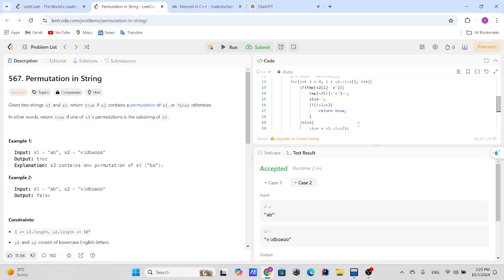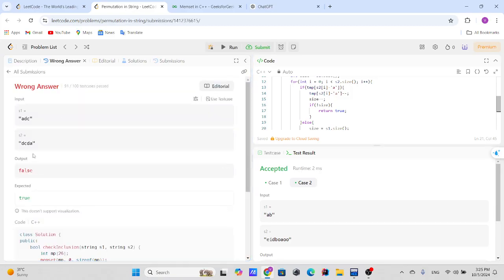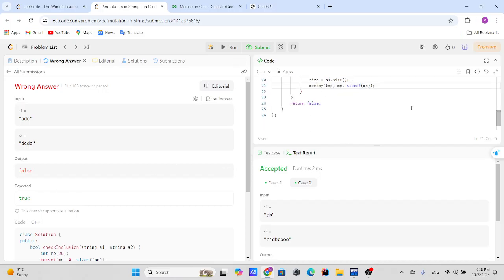I don't think it's O(1). Yeah, it's like O(n), right? Huh?